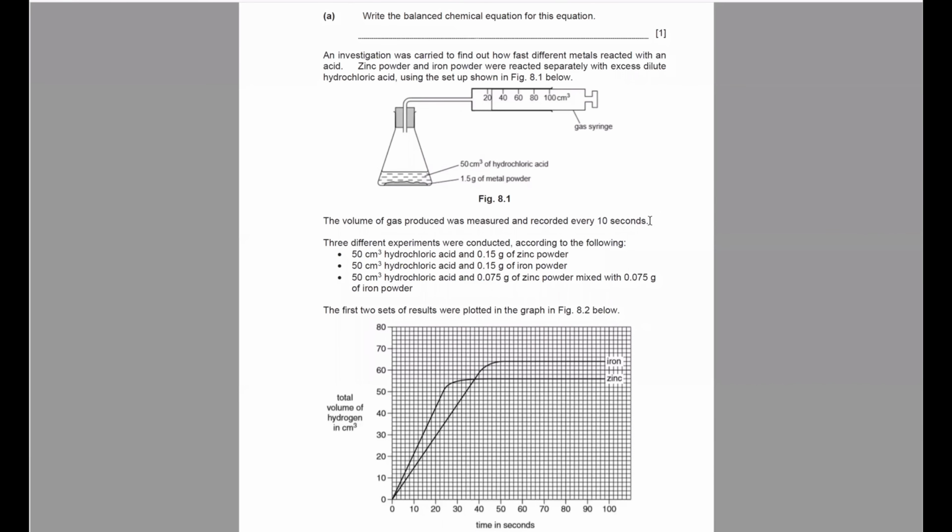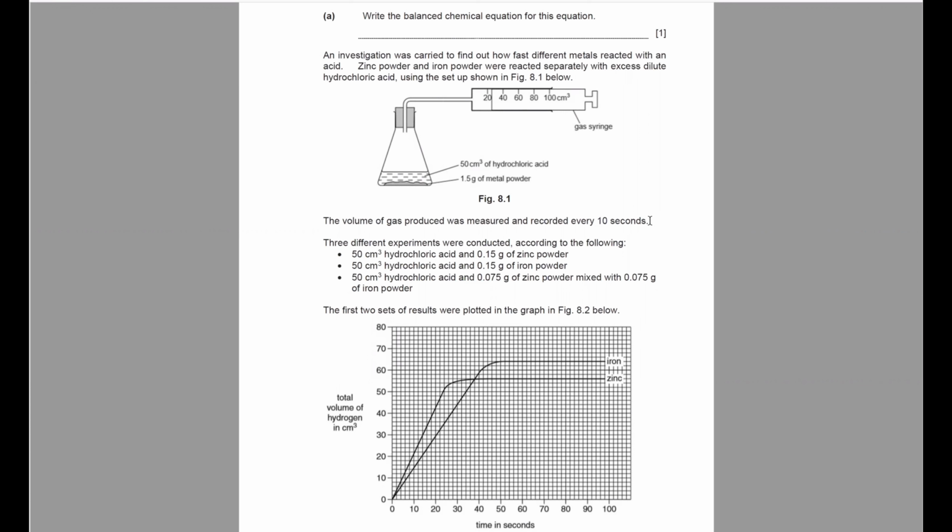So different experiments were conducted accordingly. So you have 50 cubic centimeter of HCl and 0.15 g of zinc. Then the other one is with iron powder. The last one is 50 cm cube of hydrochloric acid and 0.075 g of zinc powder mixed with 0.075 g of iron powder.